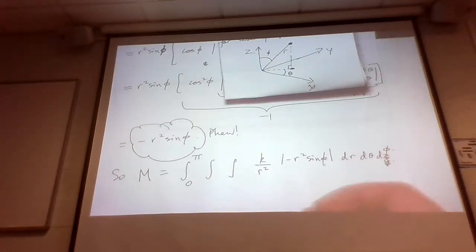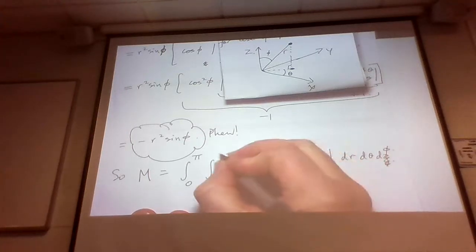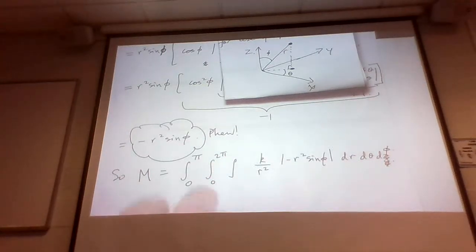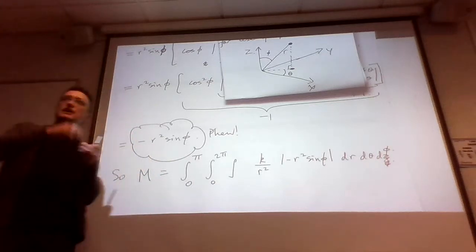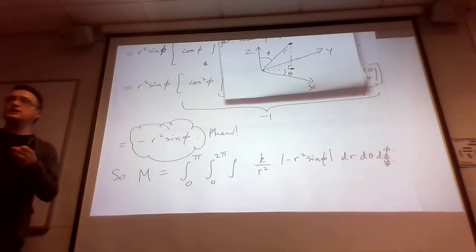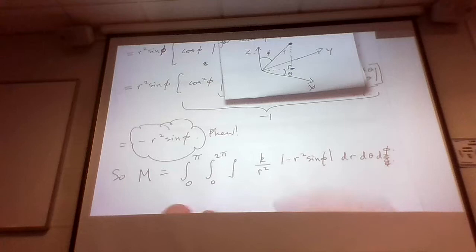The theta angle, well, this part we need to rotate all the way around the z-axis to trace out the sphere. We're going to go that from 0 to 2 pi. And the radius, well, we want to integrate through the spherical body. We're going to integrate that from a radius of 0 out to the radius of the sphere, which was set at the start to just be some radius a.